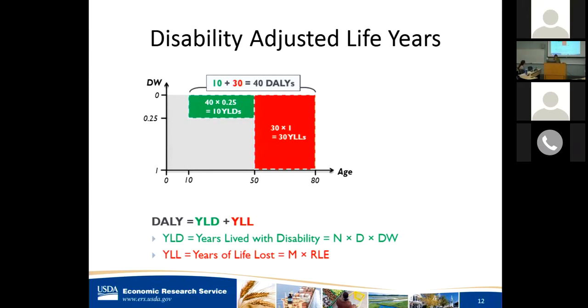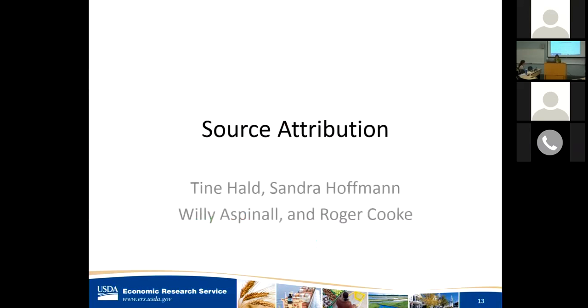So it's both duration of that period of morbidity as well as a severity weight associated with it. And so the loss from being able to live in full health to age 80 is represented by the sum of the red and green areas. So both the loss of life and the reduction in quality of life.